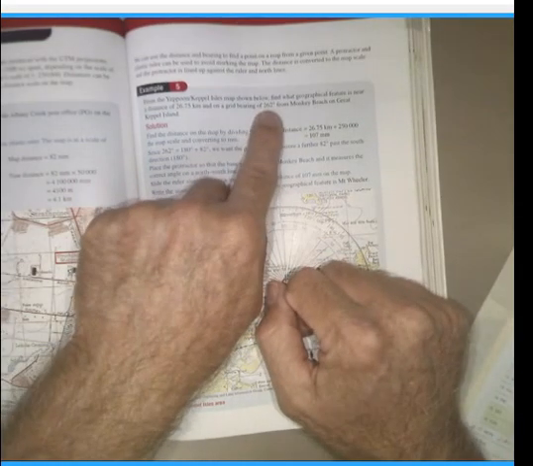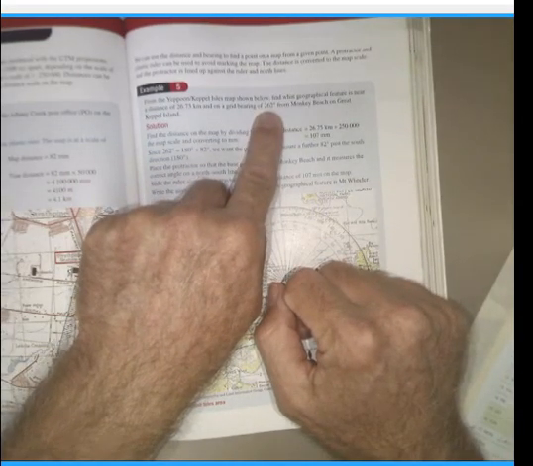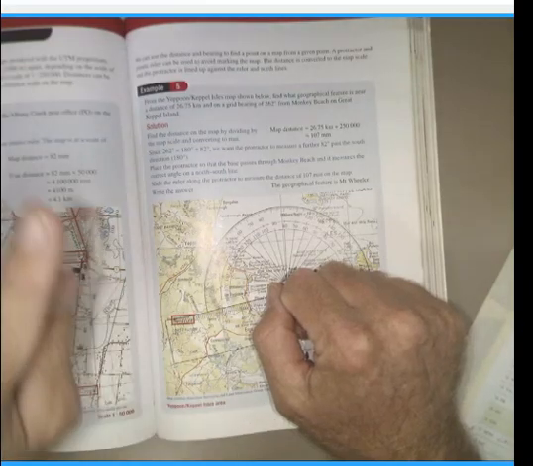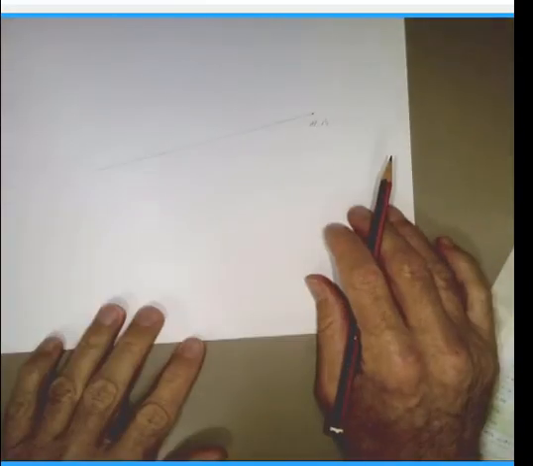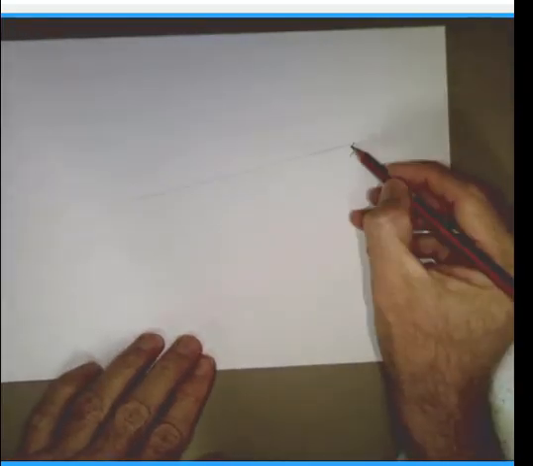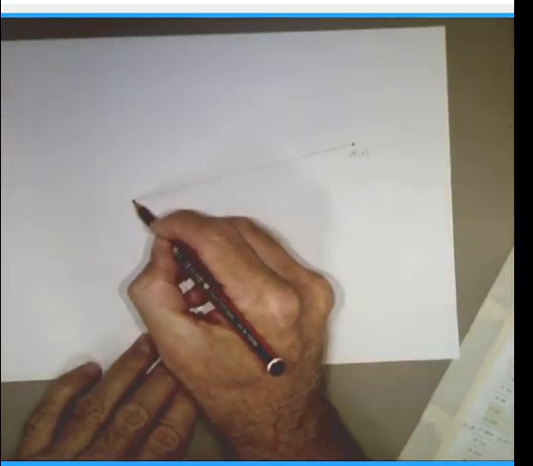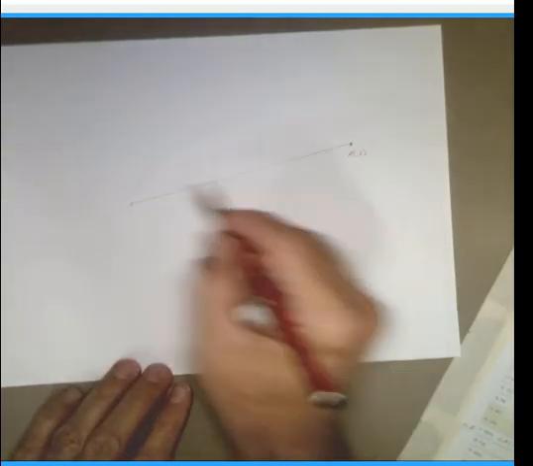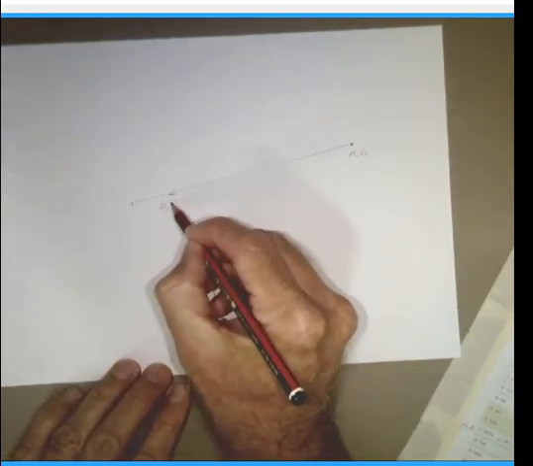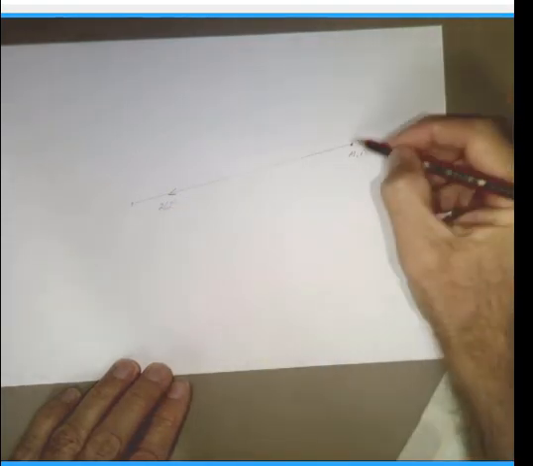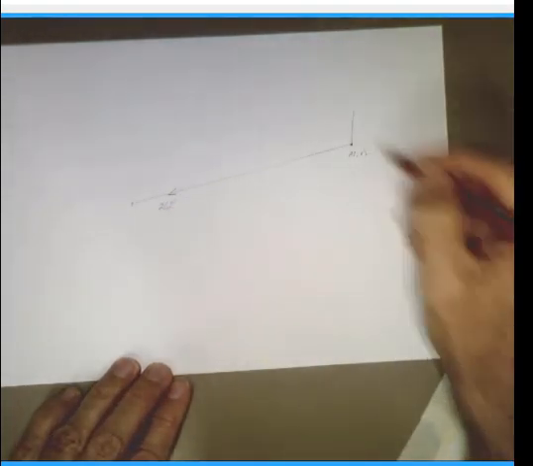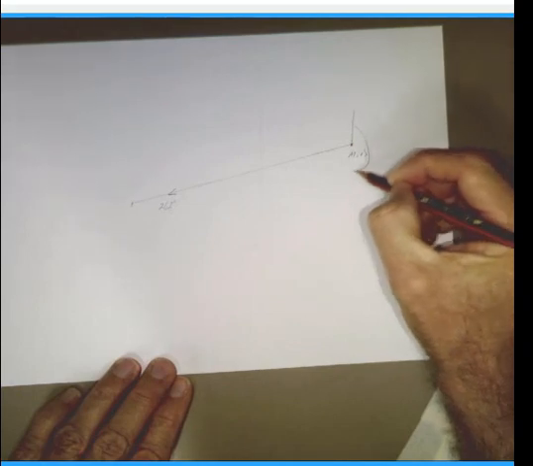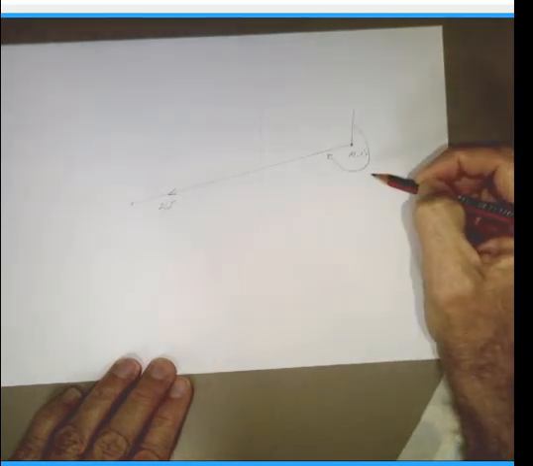Now we have to find a bearing of 262. I'm just going to jump off the textbook for a second and show you what they've done. Here I have something similar set up. The Monkey Beach is marked, the 107 mils is down here, and it's going to travel on a bearing of 262 degrees, which means from due north at Monkey Beach, rotate around 262 degrees.